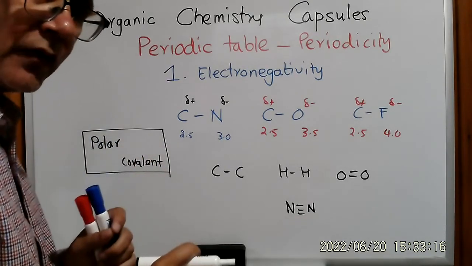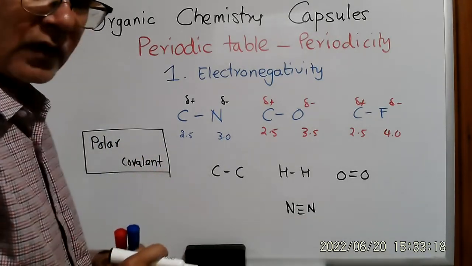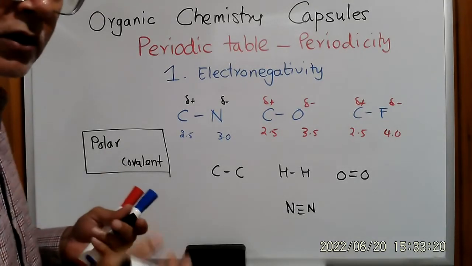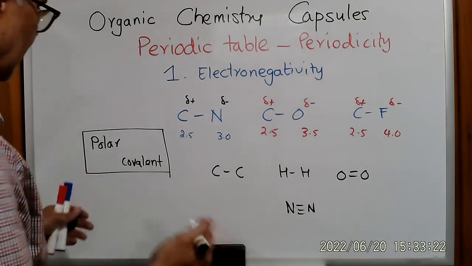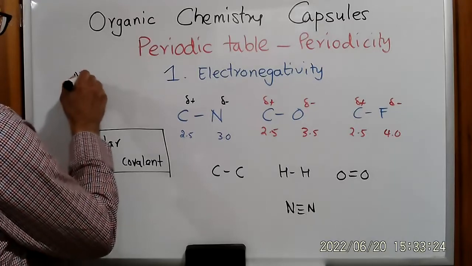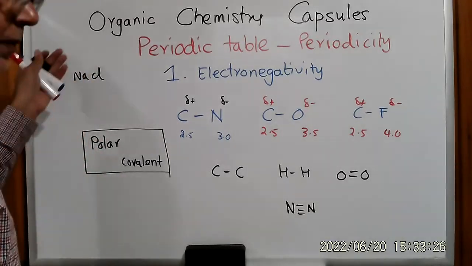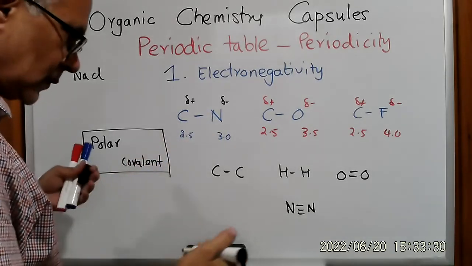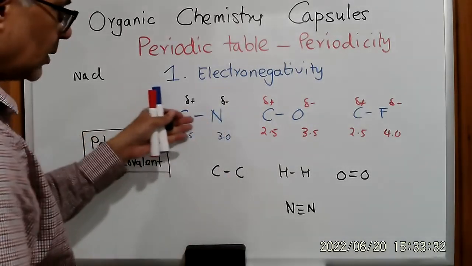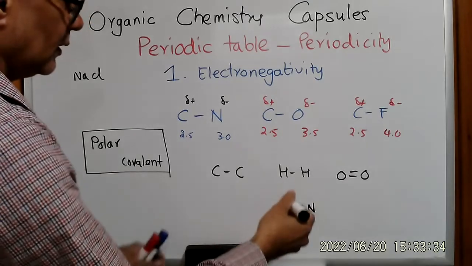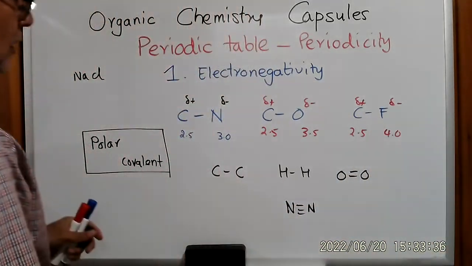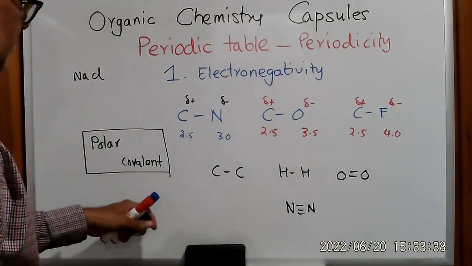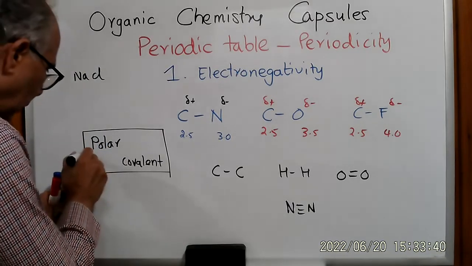It's not pure covalent, it's polar covalent. It's not ionic either. Ionic bonds are what you see in compounds like sodium chloride, Na+ Cl-. But in these bonds, carbon-nitrogen, carbon-oxygen, carbon-bromine, carbon-chlorine, the compounds are polar covalent.